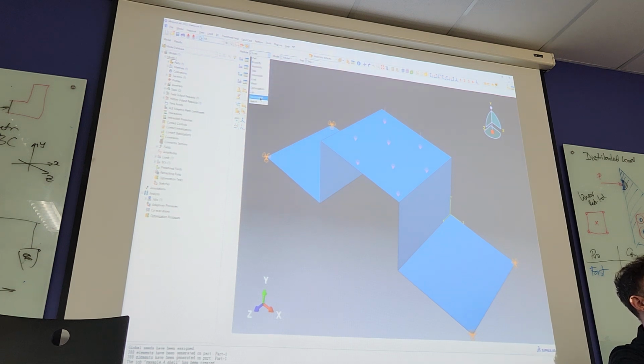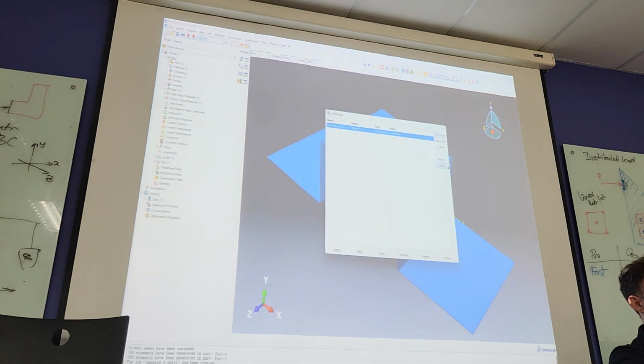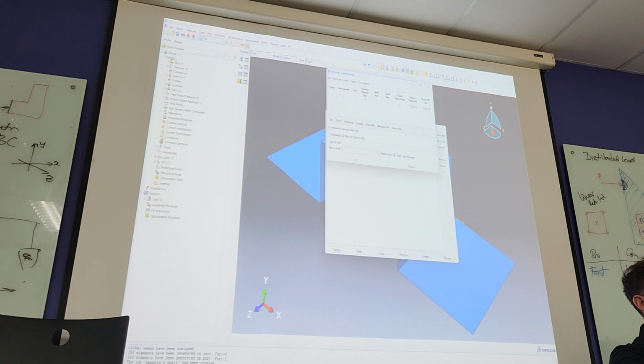Now, to solve this, it took on my computer 0.1 second. Yeah? And to model it was like what? 10 minutes? Now, how about you go and model this as a 3D solid?